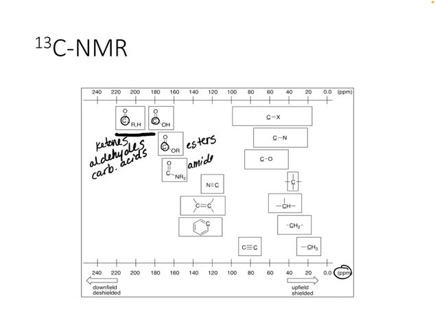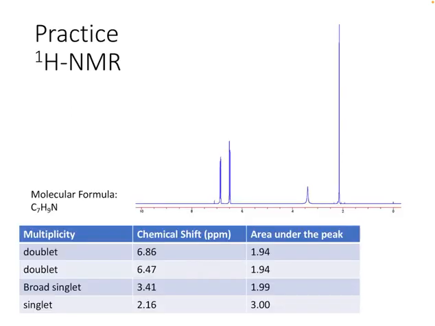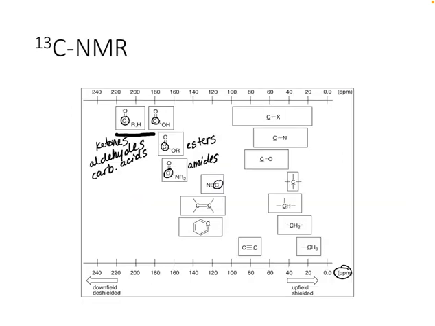Amides also show up around that range. Nitriles will show up a little bit upfield, so around 120 to 140 parts per million. But also in that range are alkenes and benzene carbons.